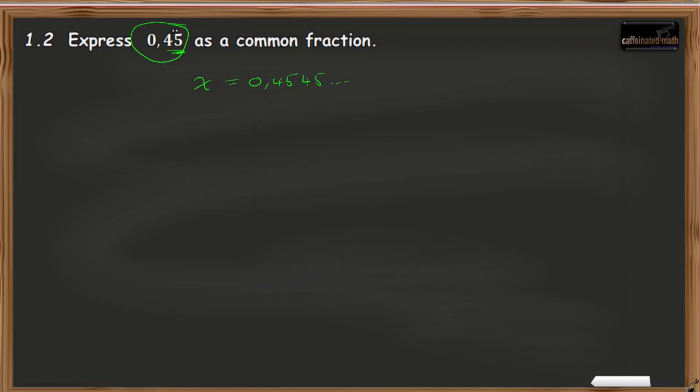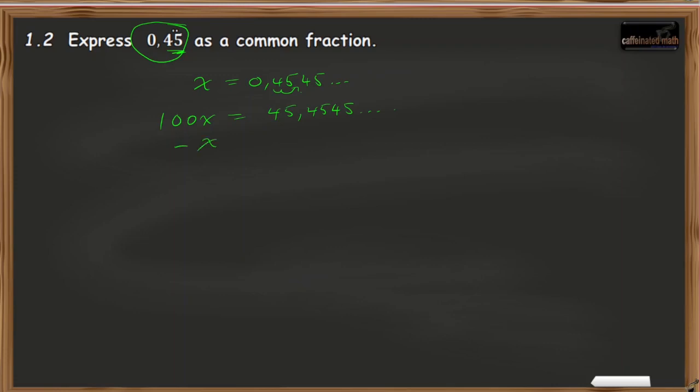So that's what it means, 0.454545 up until forever. Well, why would we do that? Well, we need to multiply this by 100, and then that becomes 100x being equal to, well, if we multiply by 100, we just move the comma to the right, and that becomes 45.4545, and so on and so on forever.